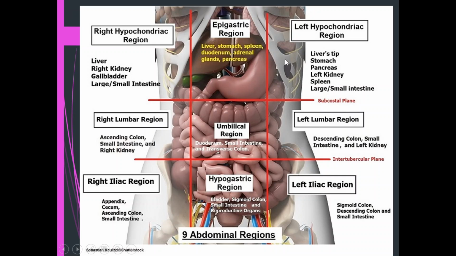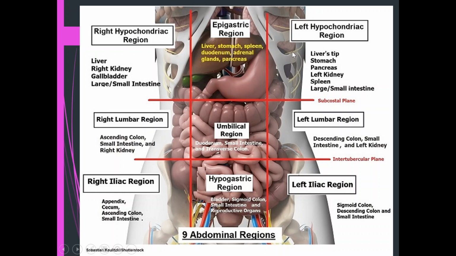On the other side, you can find the left hypochondriac region, left lumbar region, and lowest is the left iliac region. More or less a mirror of the other side. But in the middle, you can find the epigastric region right here, and then the umbilical region, then the hypogastric region.